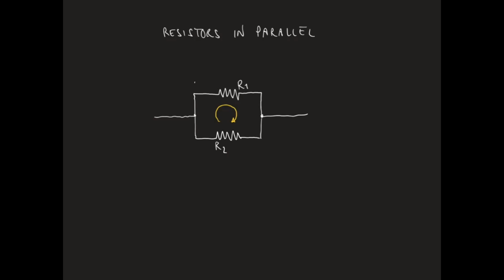Let's call V1 the voltage across R1 and V2 the voltage across R2. Based on Kirchhoff's law in this loop, V1 minus V2 is equal to 0. Therefore, we get that V1 is equal to V2.